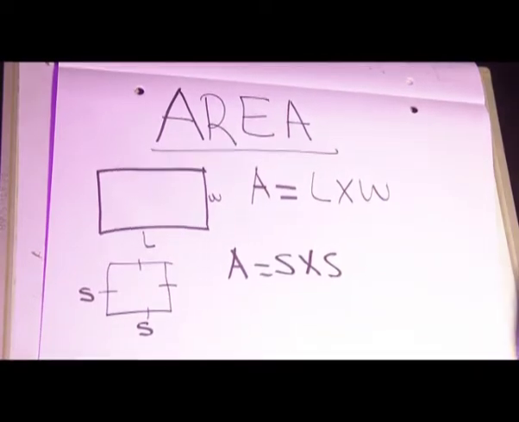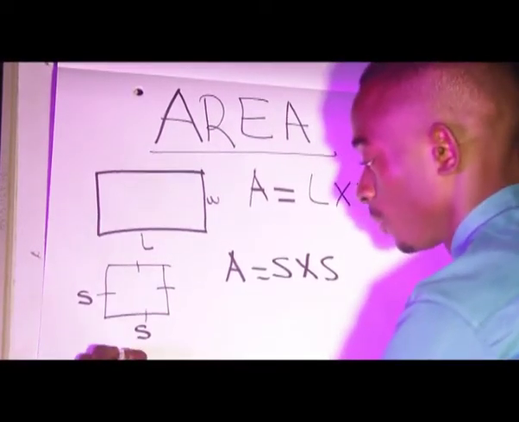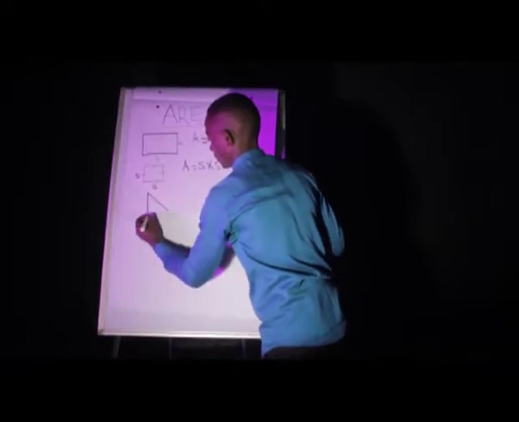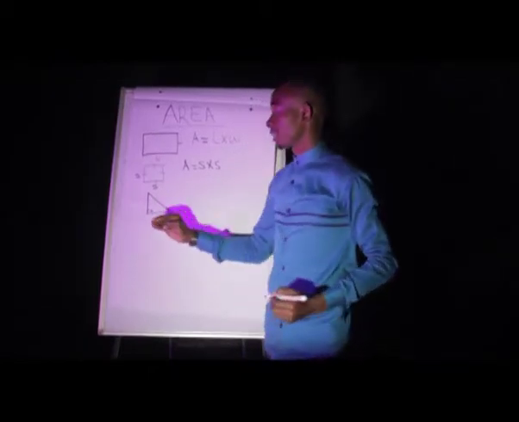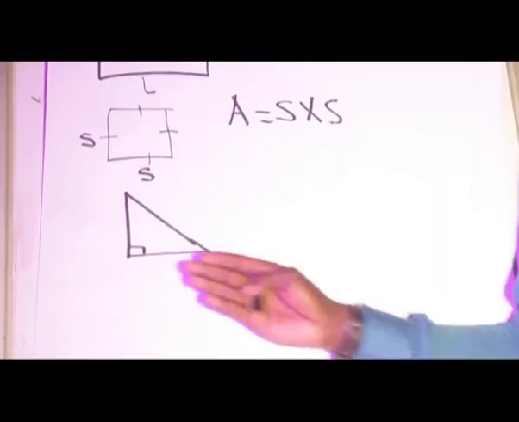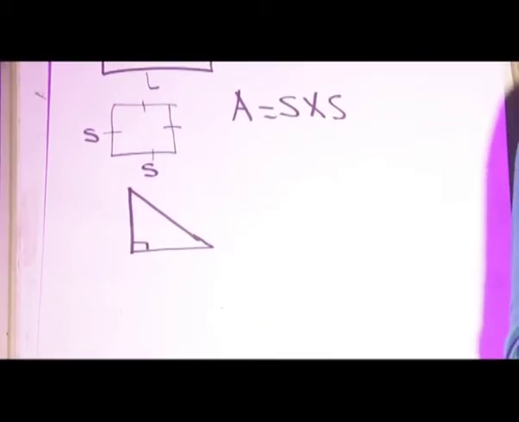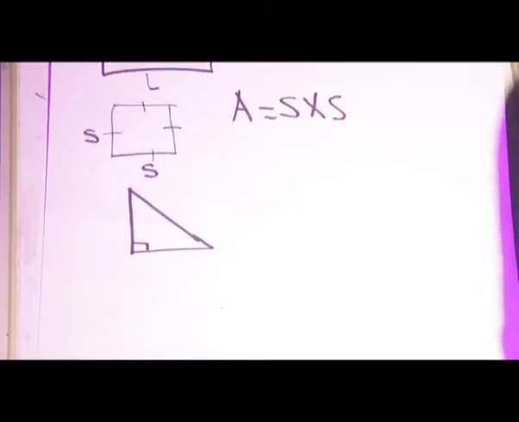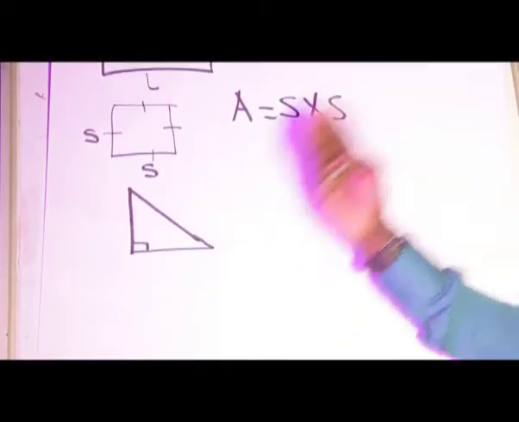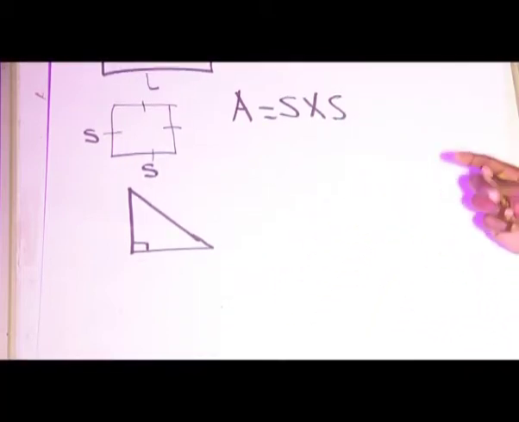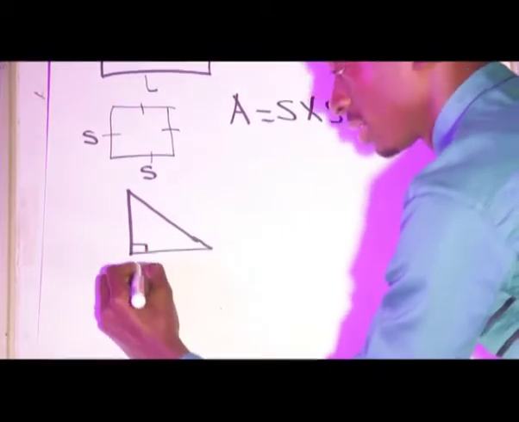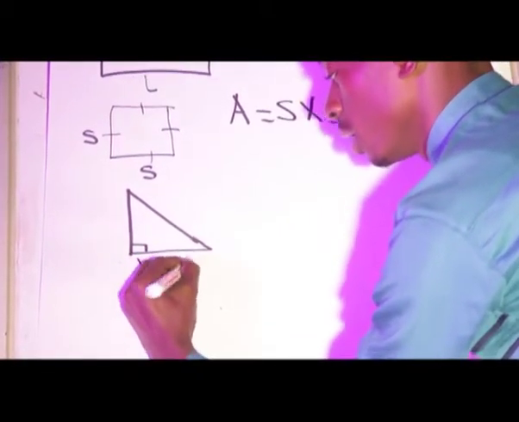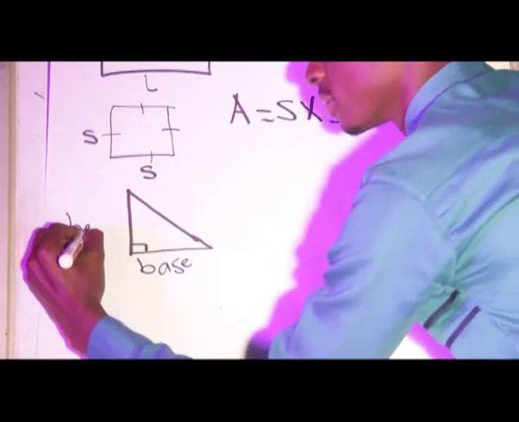We come to a triangle. When you look at this kind of a triangle, remember there are different kinds of triangles, and this triangle is what we call a right-angled triangle. In other words, a triangle in which one of the angles is 90 degrees. Now, remember that in a triangle, the side down here is what we call the base, and right here is what we call the height.